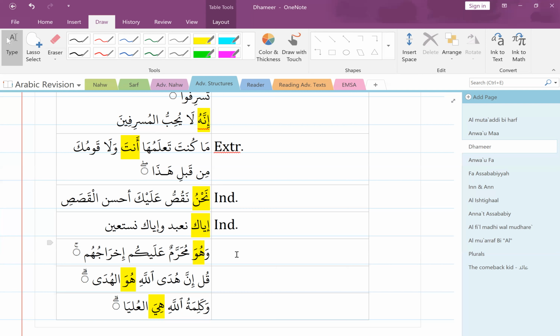It can't be fasl, the damir al-fasl, because that comes in between mubtada and khabar, and there is nothing as such. And then it cannot be the damir ash-sha'n, because there is a wow, so that means something was going on before. There is a context. But what if it's a wow for beginning a new sentence?